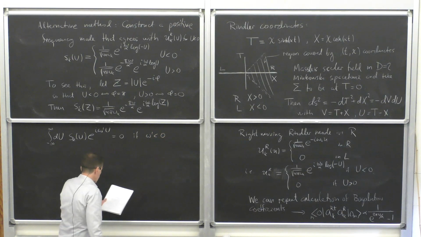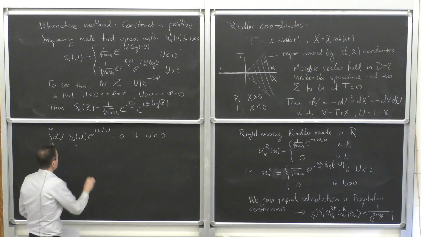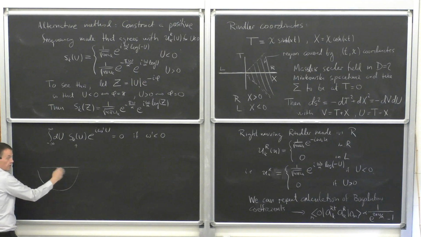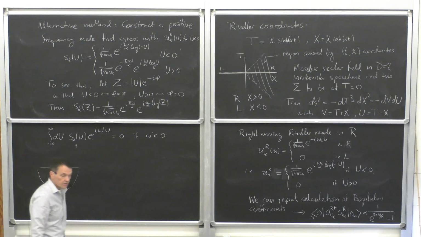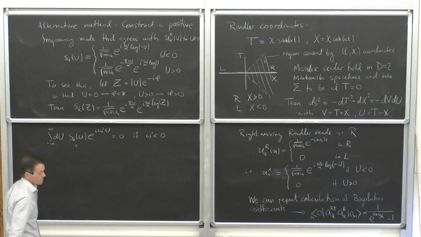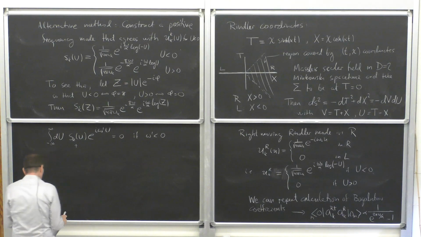Okay. And that's because this guy is analytic in the lower half plane. You're doing your contour integral. You close the contour down this way, and there's no singularity here. You're going to get 0. And so this is a positive frequency mode then in the u coordinates.